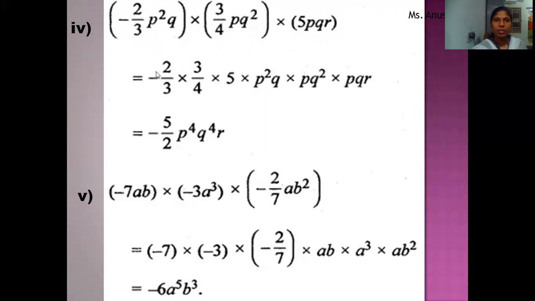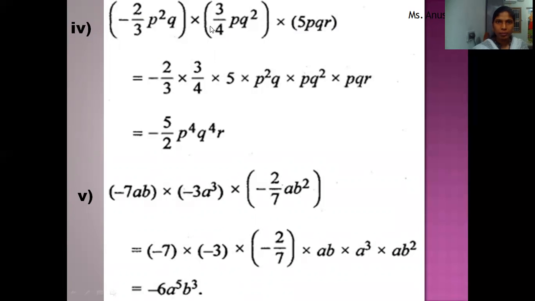Next, minus 2 by 3 p square q into 5 by 4 pq square into 5pqr. Just ordinary multiplication only. I am taking out the coefficients of the numbers separately, and the other terms separately.